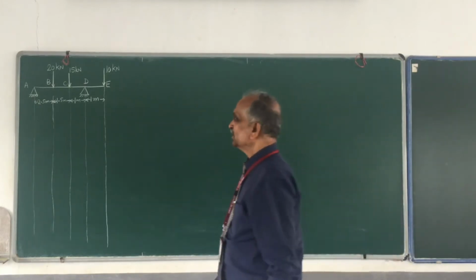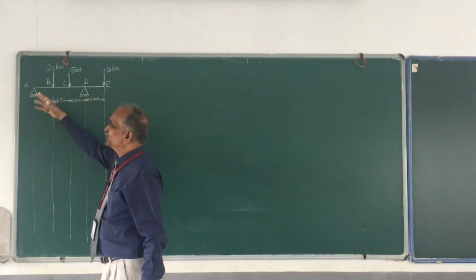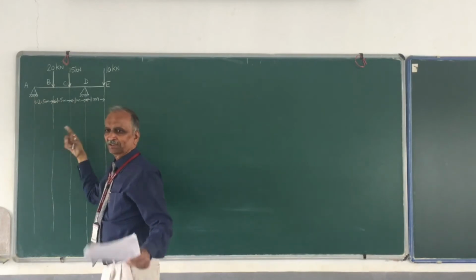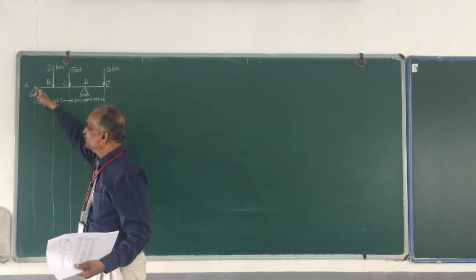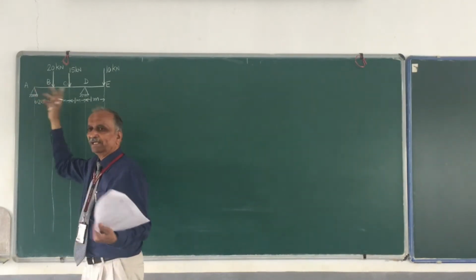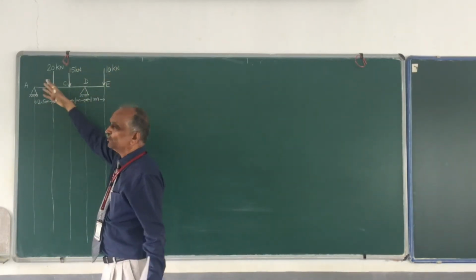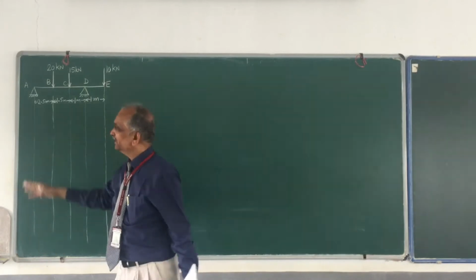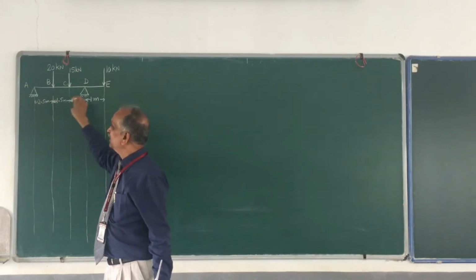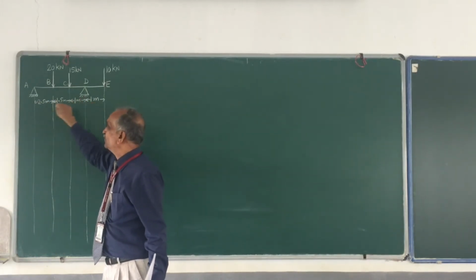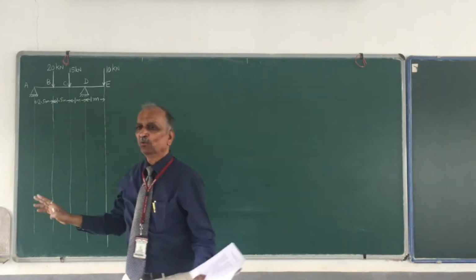Okay, so these hinged supports, you know that they are going to provide the support reactions in the form of vertical and also horizontal. Since the external loads happen to be only vertical loads, the reactions these supports are going to offer are only vertical.